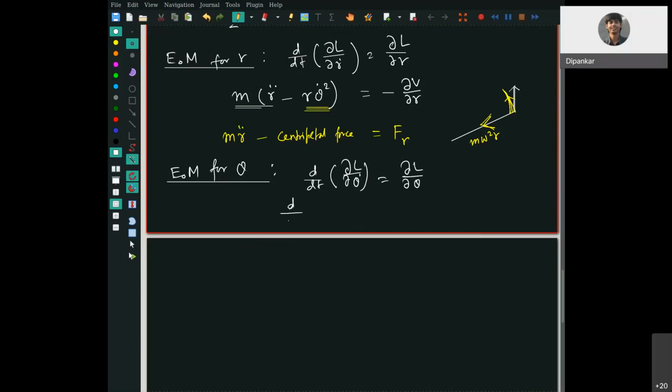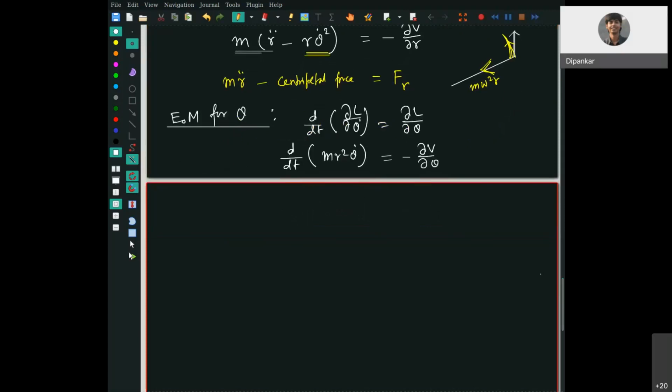And you notice this: m r square theta dot equals minus del v del theta. Now, how do you obtain that? How do you interpret this thing?